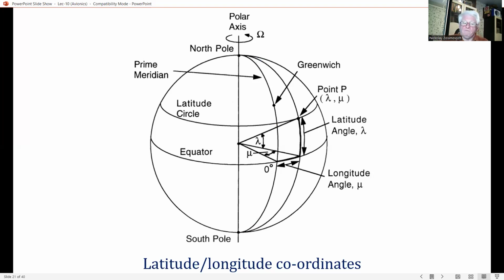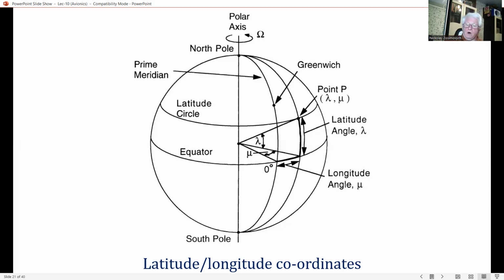The latitude of a point on the Earth's surface is the angle subtended at the Earth's center by the arc along the meridian passing through the point and measured from the equator to the point. I hope you see all of that, right? The range of latitude angles is from 0 to 90 north and 0 to 90 south.